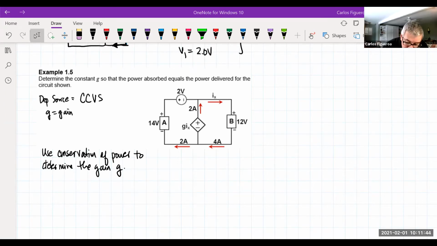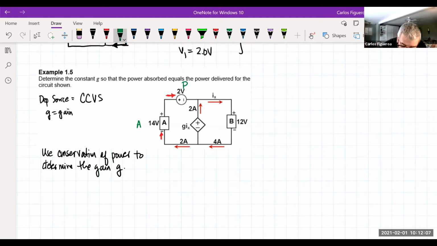The first thing you're seeing here is that if I look at the left branch, the current is entering the negative terminal. So therefore, this one has to be active, and this one has to be passive. Okay.